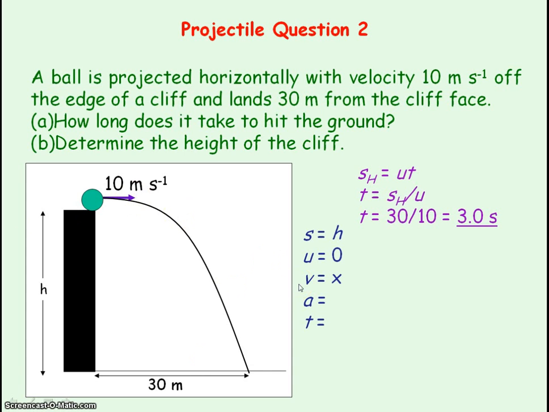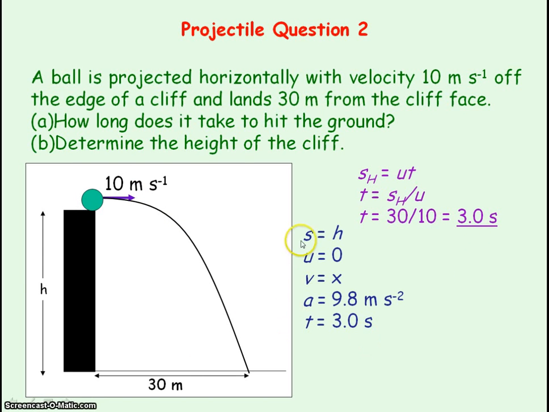The final velocity vertically we do not know. The vertical acceleration is due to gravity, so is equal to 9.8 meters per second squared. And the time taken to cover the height h, we worked out from the horizontal motion to be 3.0 seconds.